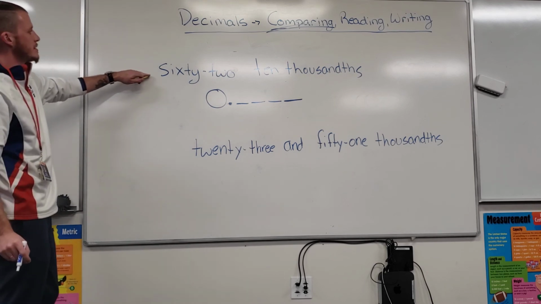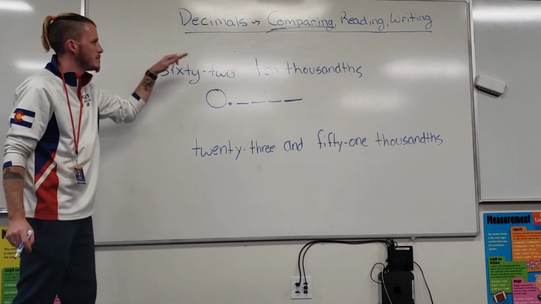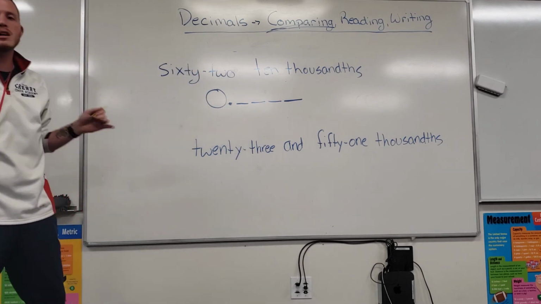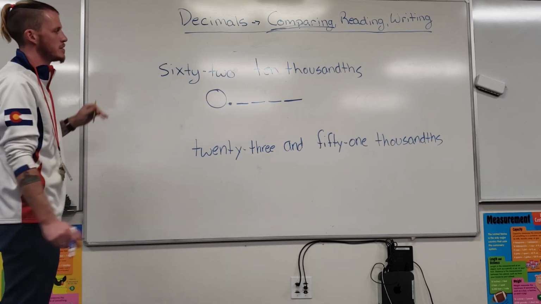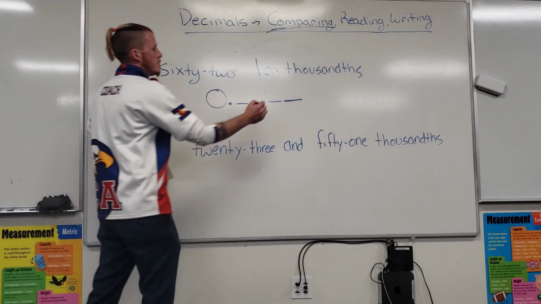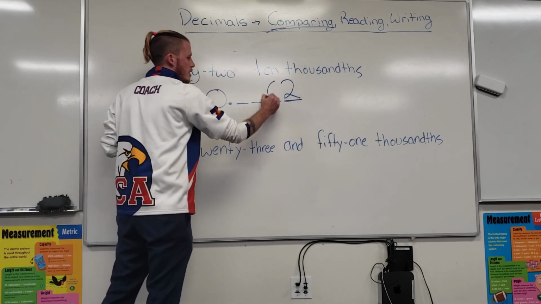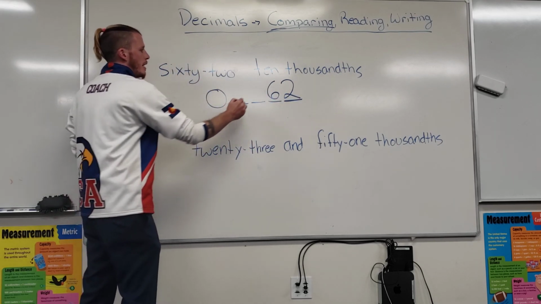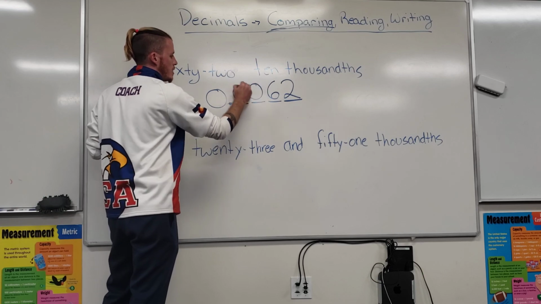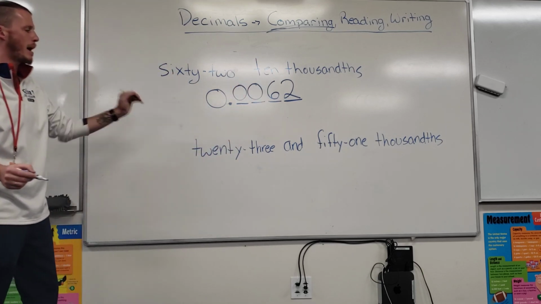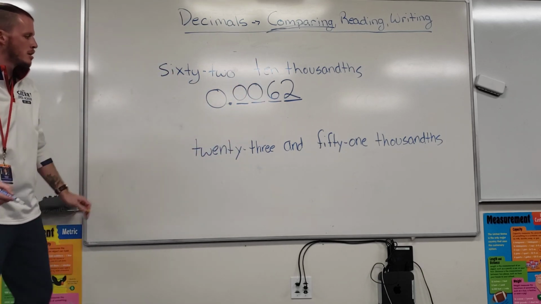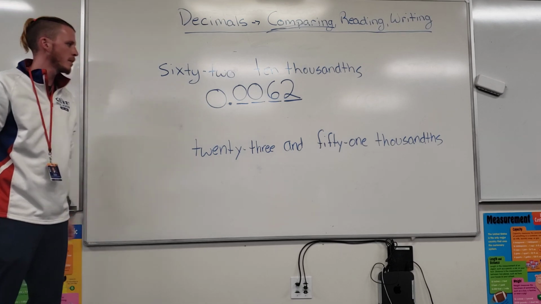So I look and I've got 62. So the 2 is my last decimal digit, so it needs to occupy my last place value, which is the ten thousandths place. So we have a 2 here working our way backwards, a 6 here to make that 62, and then we need 2 placeholding zeros to push those numbers back to the correct value. So go ahead and try with this one and see how you do.